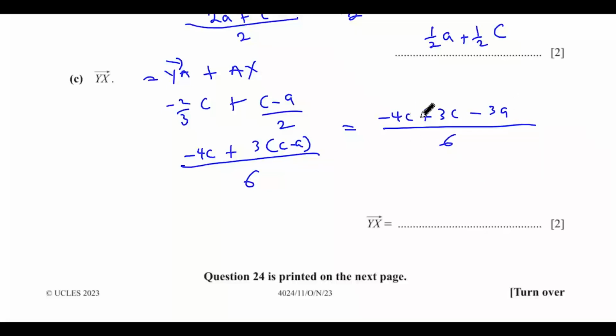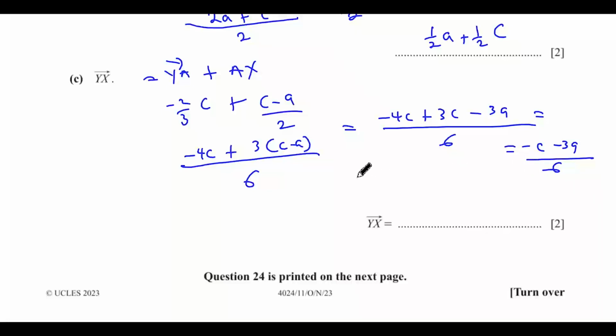So minus 4C plus 3C gives us minus C, then minus 3A. It will be equal to minus C minus 3A over 6.